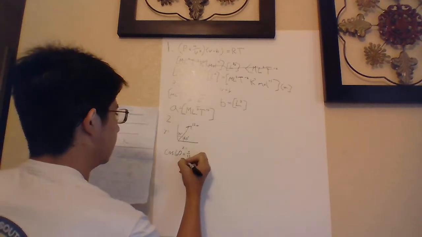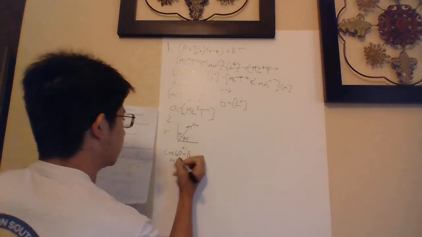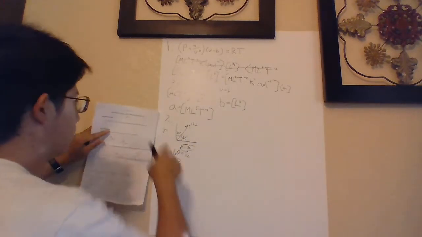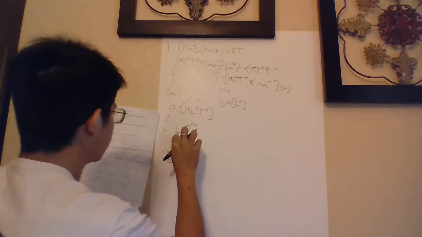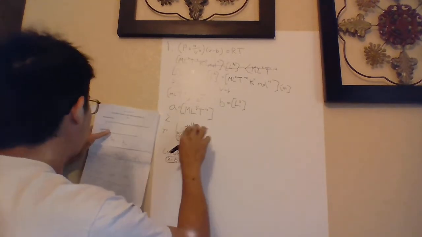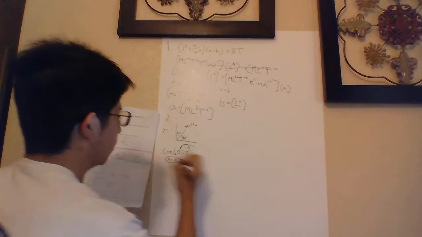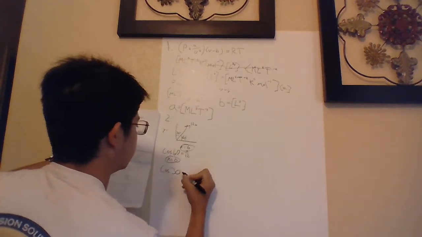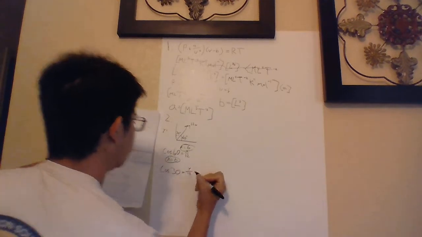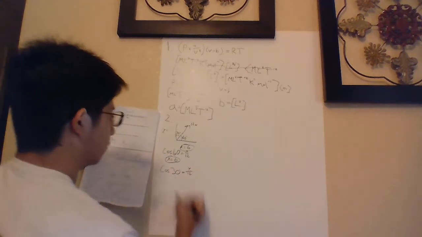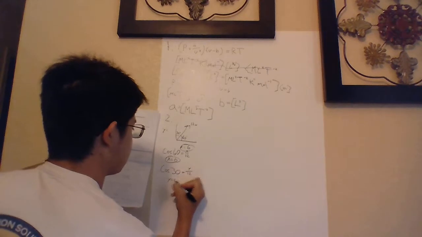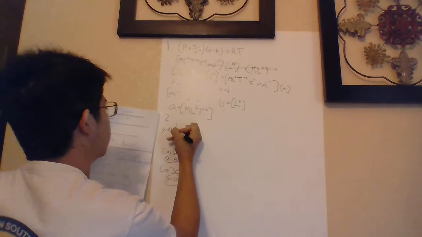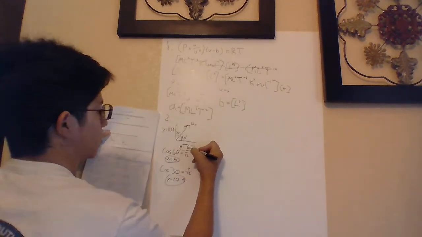That gets me to X equals 6. And for Y, I did cosine 30 equals Y over 12. That got me to 10.4 newtons, of course.